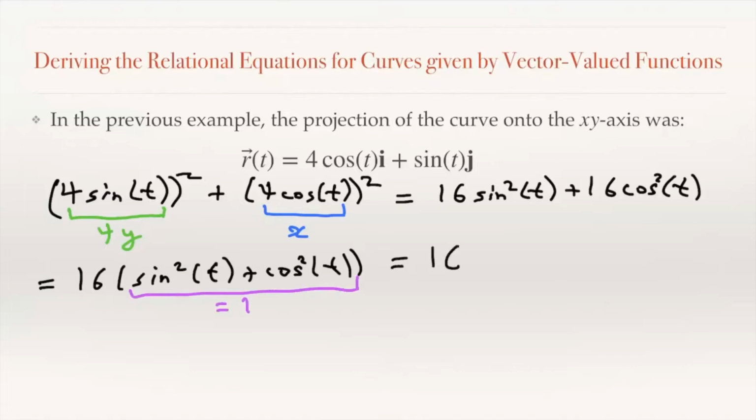So that's the same as 16. So therefore, 4y squared plus x squared is equal to 16. Since that guy was 4y, that was x, and the right-hand side is 16.